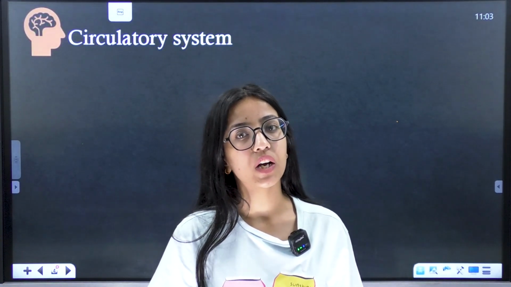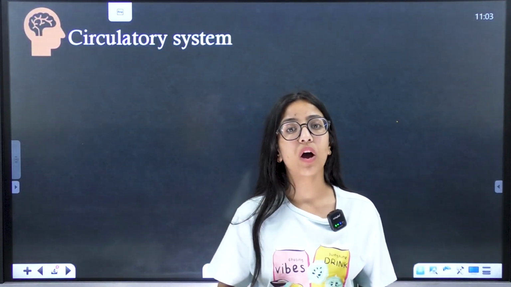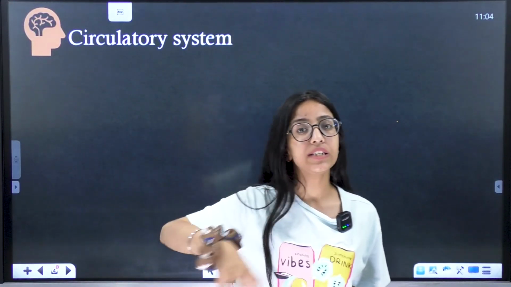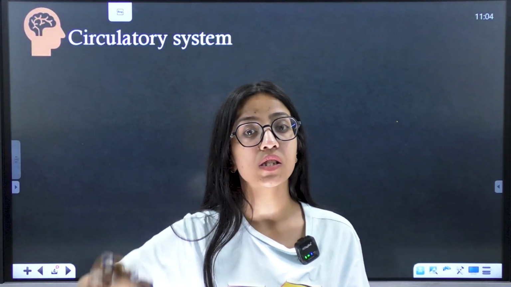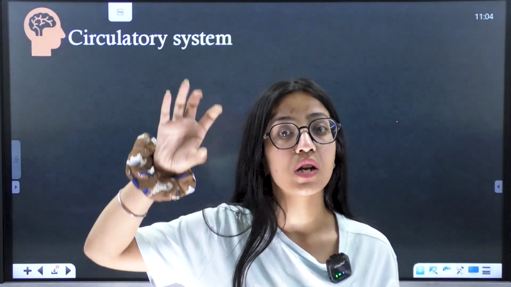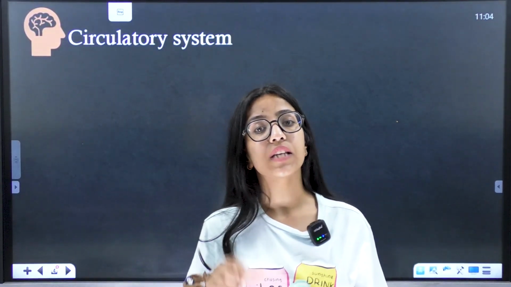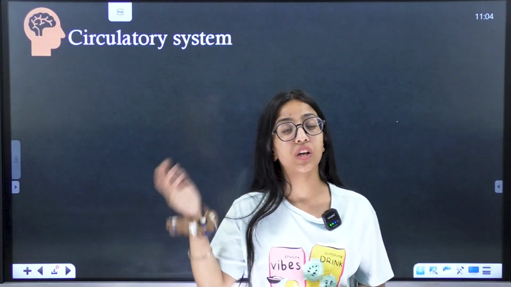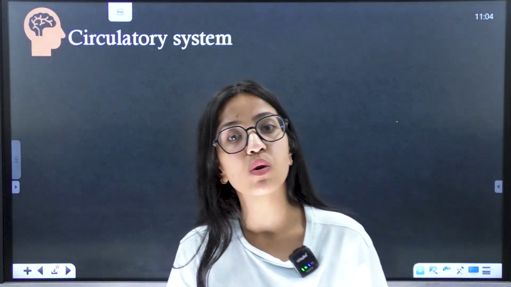Third, we have learned that the heart of frog was myogenic. That is, it does not require any impulse from the outside. The heart itself generates the impulse for its contraction by a node called as sinoatrial node, which is also present in human beings.